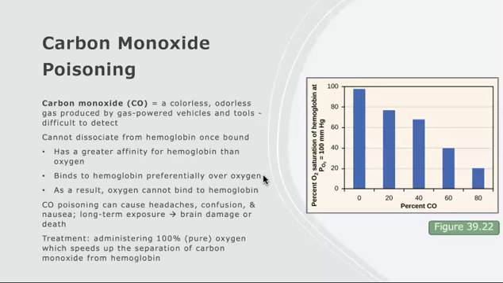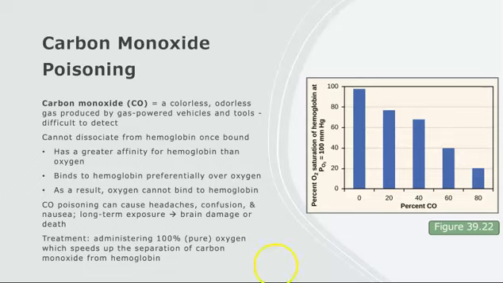So very little oxygen will be transported through the body when this is present. And because it's taking up that space by combining to hemoglobin, oxygen doesn't have the ability to bind to it. Some of the symptoms we see in carbon monoxide poisoning are headaches, confusion, and nausea. And if we have long-term exposure, we can experience brain damage or death because we're not getting oxygen to our vital organs.